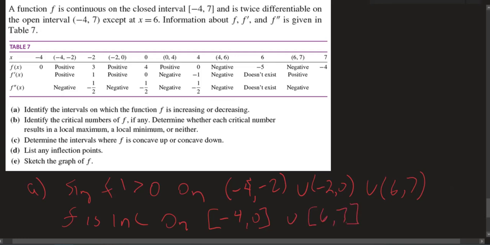Now I can include negative 2 on this interval because the first derivative is still positive anyway on that interval.